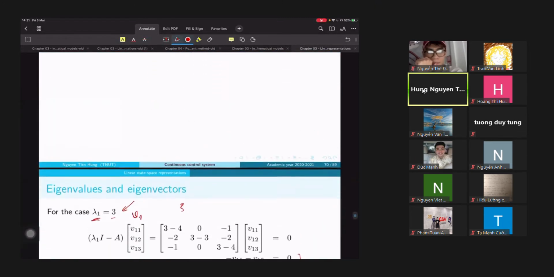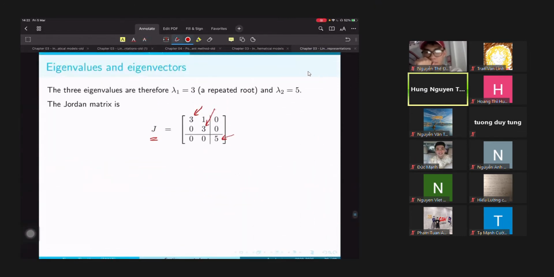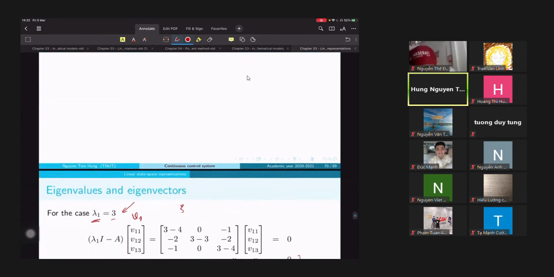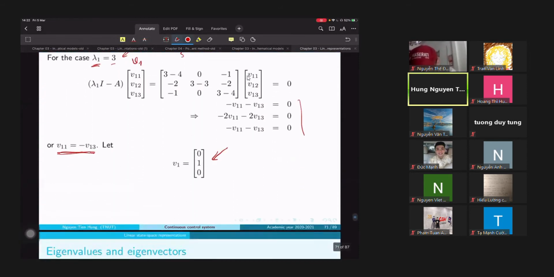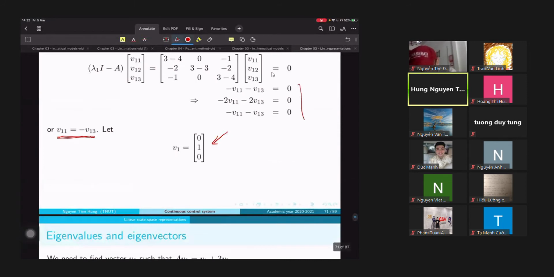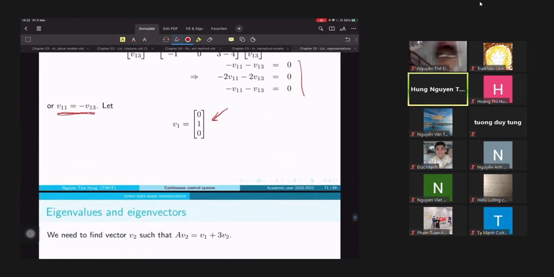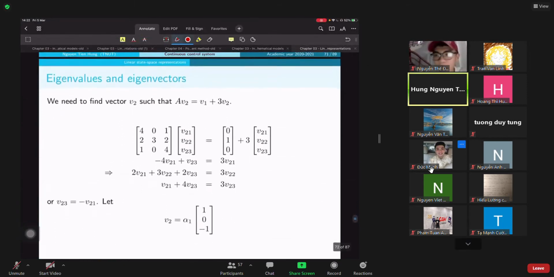It could be dependent, or in a lucky case we will get independent vectors, but in the normal way we will get dependent vectors. For example, now this. But how can we find another v?